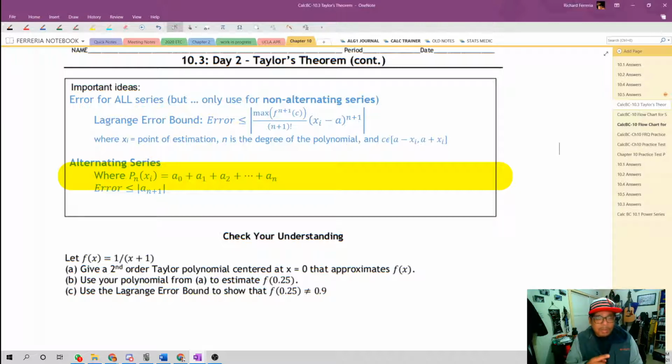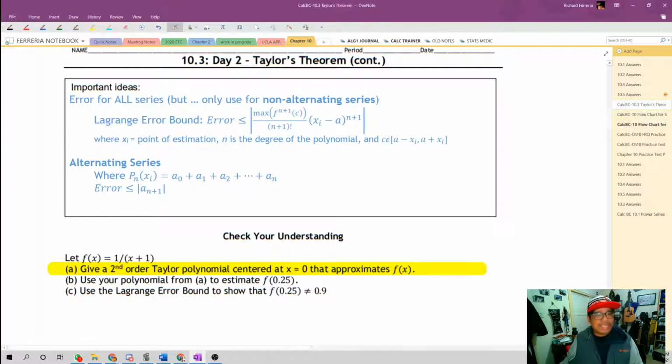Now you want to be careful because you don't want that fourth ordered term to be part of your answer for the third ordered polynomial. But you really should be cognizant that fourth ordered term is going to be used as the error.